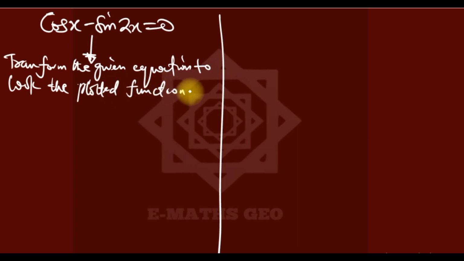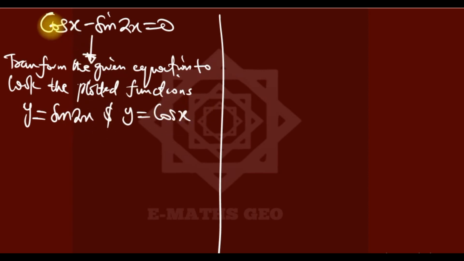If you notice, the graphs we plotted are y equal to sine 2x and y equal to cos x. So we're going to transform this to look like these two graphs.